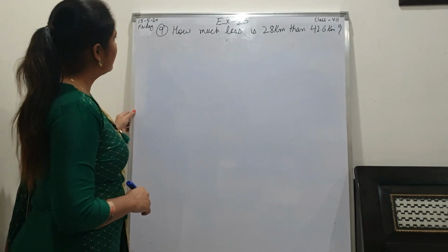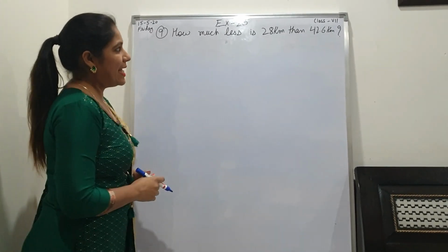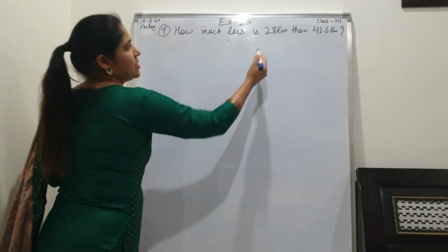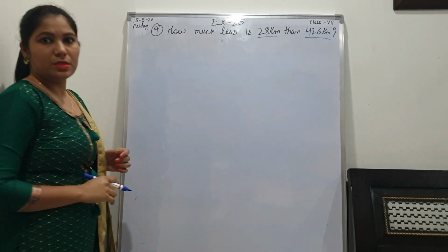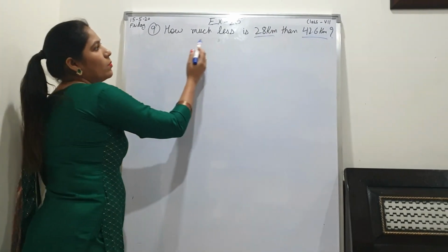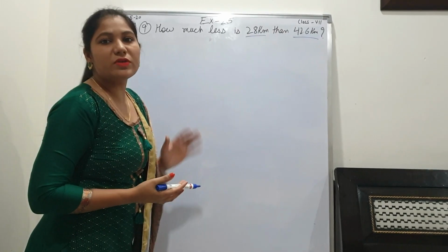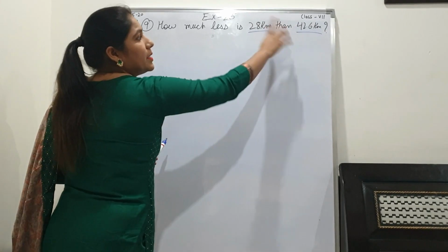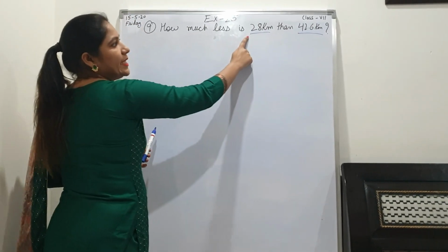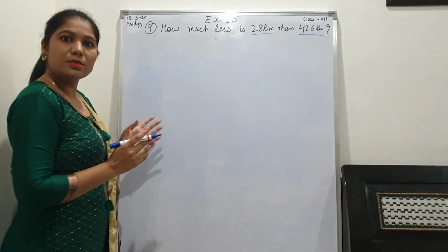Yes students. See question number 9. How much less is 28 kilometer than 42.6 kilometer? See students, whenever there is how much less, it means you have to find the difference between these two, and whenever you have to find the difference, you will write the bigger term first. Out of 28 and 42.6, which one is bigger? That is 42.6.